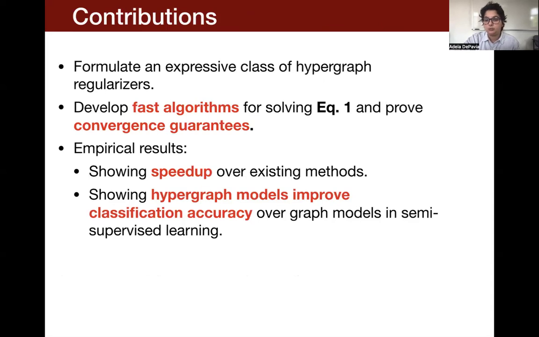In particular, we also prove formal convergence guarantees about these algorithms. In addition, we conduct empirical studies looking at both the speed up that our algorithm offers over existing methods and showing that using hypergraph models can improve classification accuracy compared to other existing models.